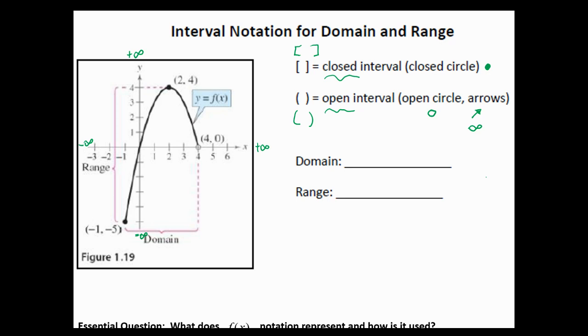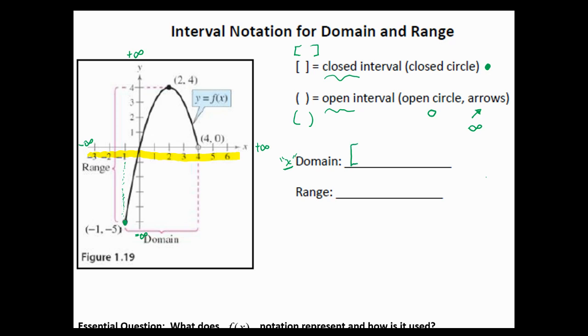Okay, so domain, remember, is the x values. So you are going to be looking to talk about these numbers. And what you want to do is start from the left. This is a closed dot. At what x value is that closed dot at? So a closed dot, we're on domain, because remember, domain is x. Closed dot is going to be a bracket.